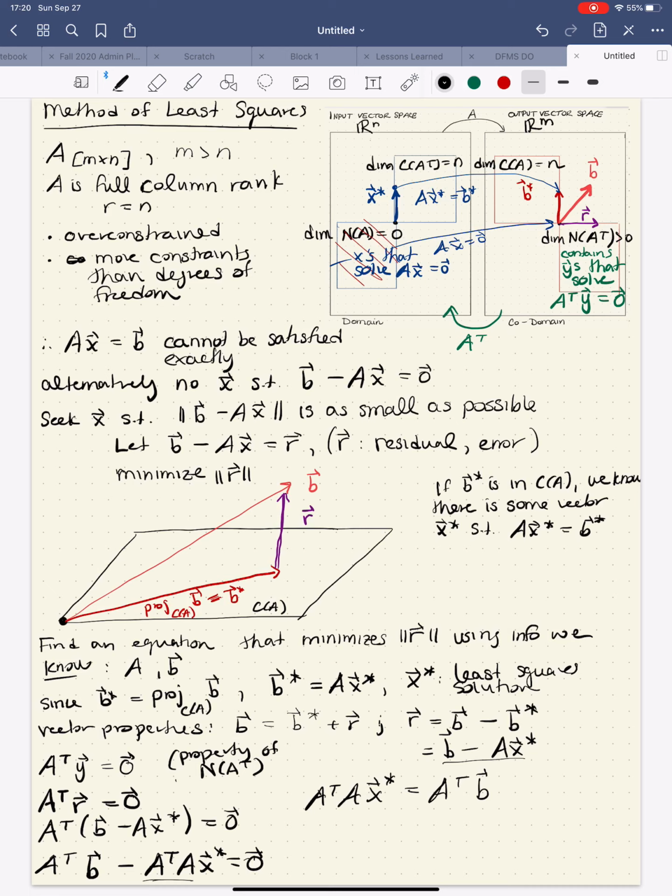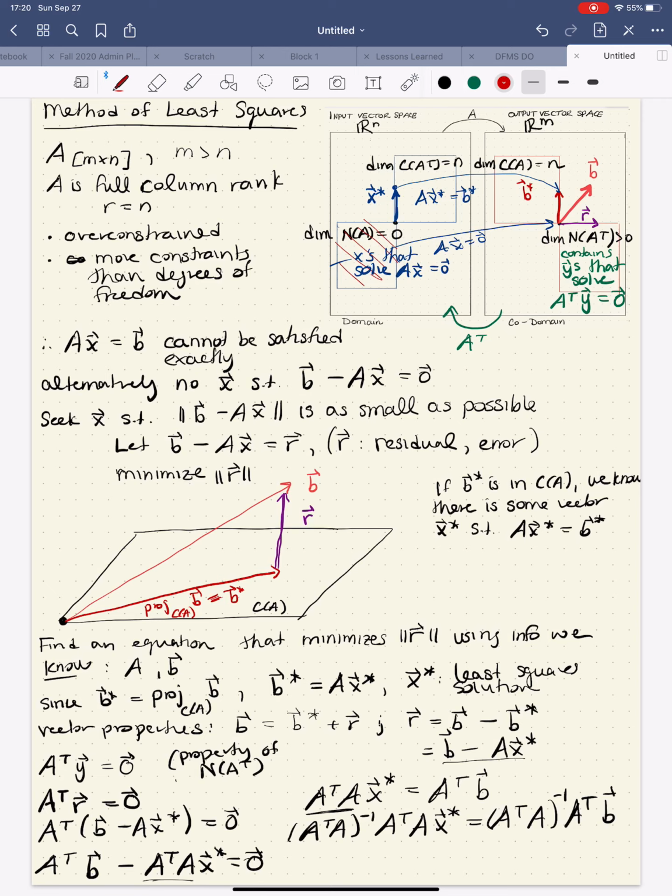Everything that is multiplying X is A transpose A. So I'm just going to multiply both sides by the inverse of A transpose A. So here we go. A transpose A inverse A transpose A X star equals A transpose A inverse A transpose B.